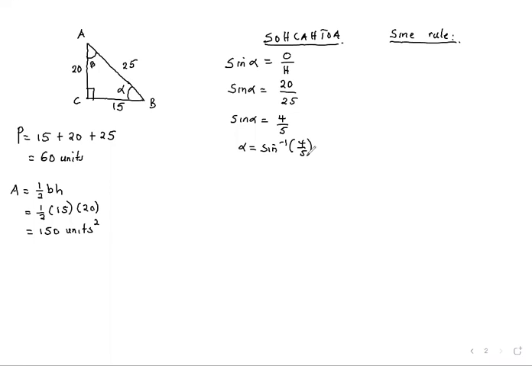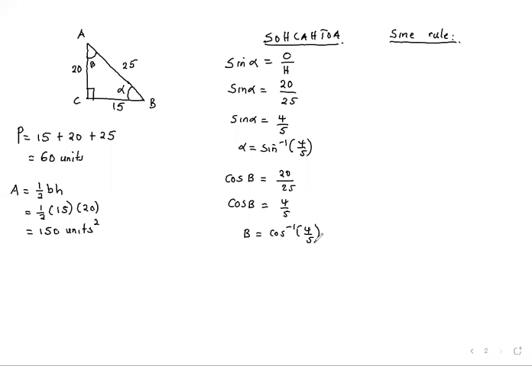If you want beta, you can still use the same sine, or now we use cos. So say cos beta is equal to adjacent over hypotenuse. So adjacent is 20 over 25. So we get cos beta is equal to 4/5. So beta is equal to cos inverse 4/5.